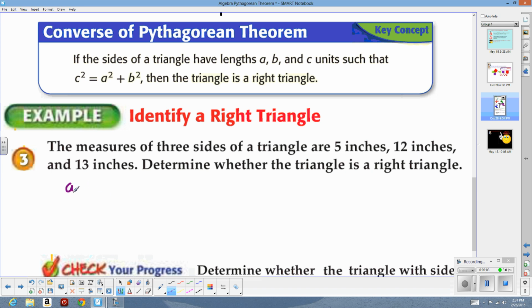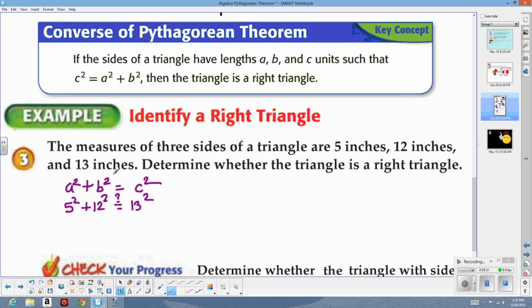Well, we're going to test that by plugging it into a squared plus b squared equals c squared. We're going to put the two shorter sides in for a and b, because remember, c is always the longest side. So 5 squared plus 12 squared, we're going to see if that equals, I'm going to put a question mark here, 13 squared.